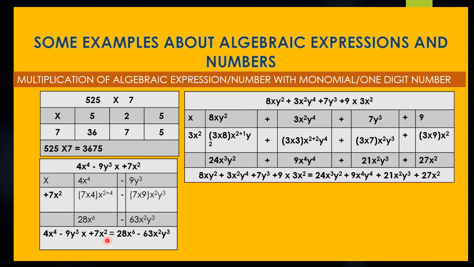Again, while multiplying this 3x² with the second term, that is 3x²y⁴, I have to multiply coefficient 3 with 3, and I have to add the exponents of the similar variable x² and x², so we take one x from both, and I have to add their exponents 2 plus 2. y⁴ has no similar variable, so I have to put y⁴ close to this x power 2 plus 2, but I do not change the power because it has no similar variable to be multiplied.